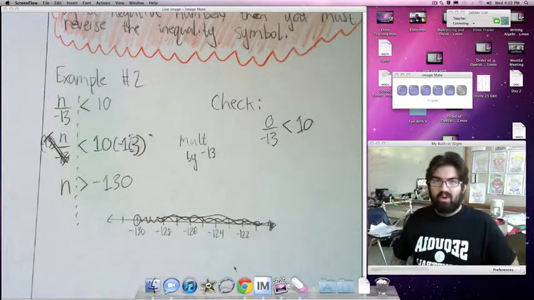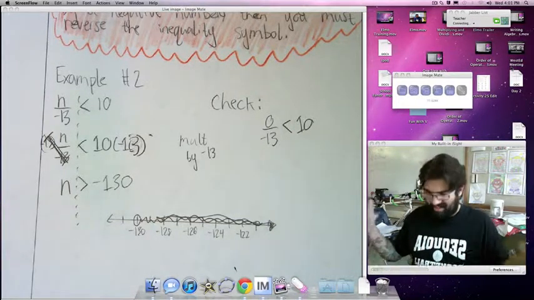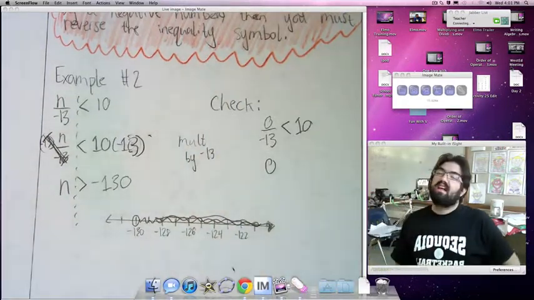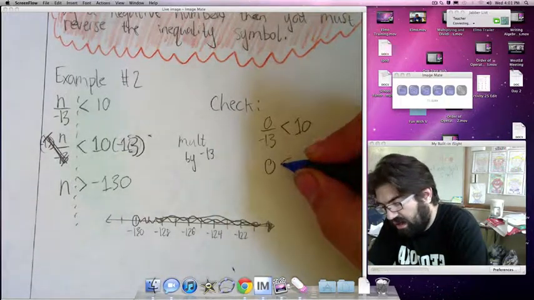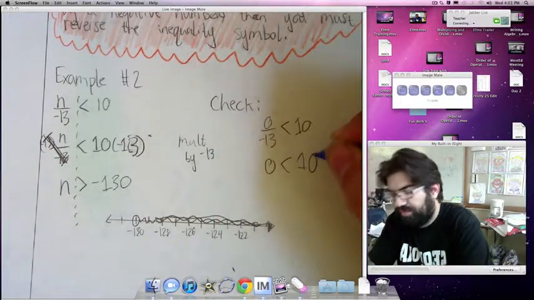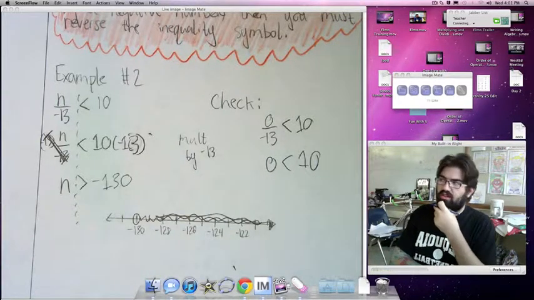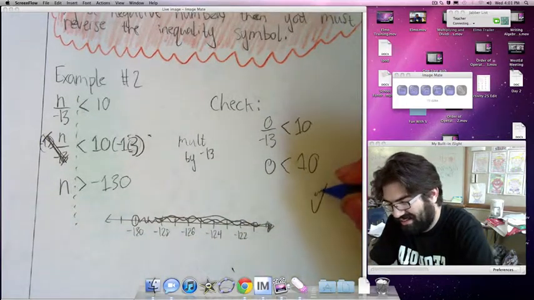Well, 0, if I have nothing, and I break it into 13 pieces, I still have nothing. And it's not negative 0, it's just 0. And that is less than 10. Is $0 less than $10? Yes. So we're good.